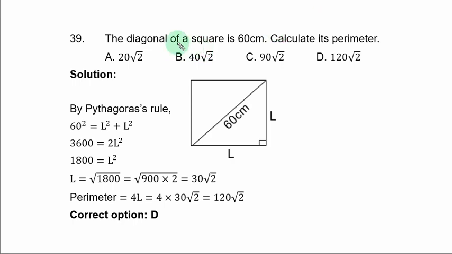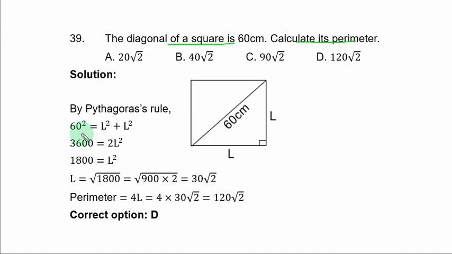Question 39. The diagonal of a square is 60 centimeters. Calculate the perimeter. So you know a square, all the sides are equal, and this is the diagonal. So you have length and length. You have a right angle triangle. Perimeter is 4 times length. So you get the length by using Pythagoras rule.